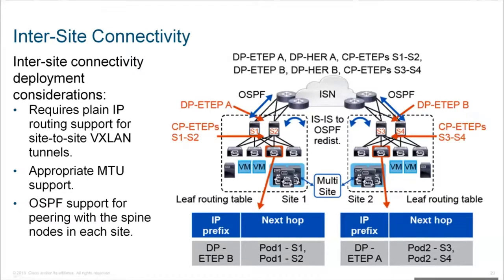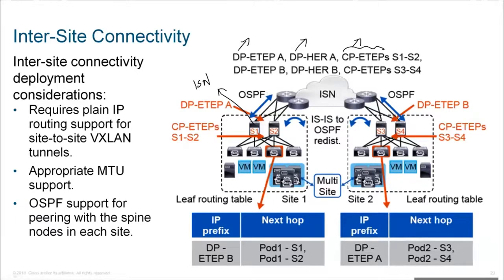So you can see that they have used some terms here: CP ETEP, DP ETEP, and DP head-end replication. So what is CP ETEP? Every spine that connects to your IPN or ISN is going to be assigned a unique IP address in the fabric.